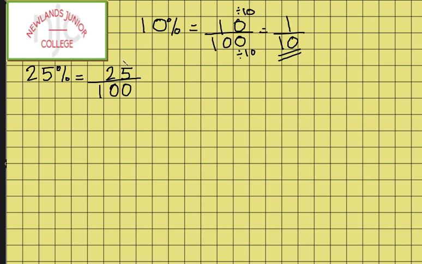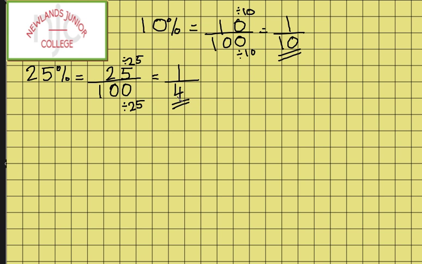In this case, the highest common factor is 25. So let's divide the top by 25, the numerator, and the bottom, the denominator. We do that and we end up with 1 on the top and 4 on the bottom. 25% is equal to 1/4.